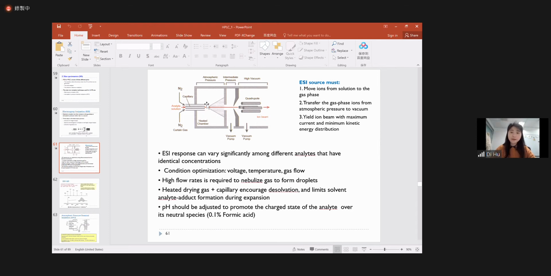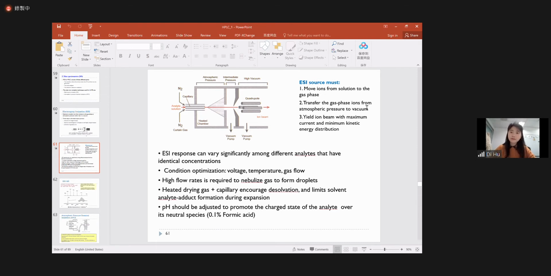During this process, because of the drying gas and the heated chamber, the solvent evaporates, right? Your analyte got charged in the liquid state, not really aqueous, depending on the solvent. Then they transfer from atmospheric pressure to vacuum and yield ion beams with maximum current and minimum kinetic energy distribution.